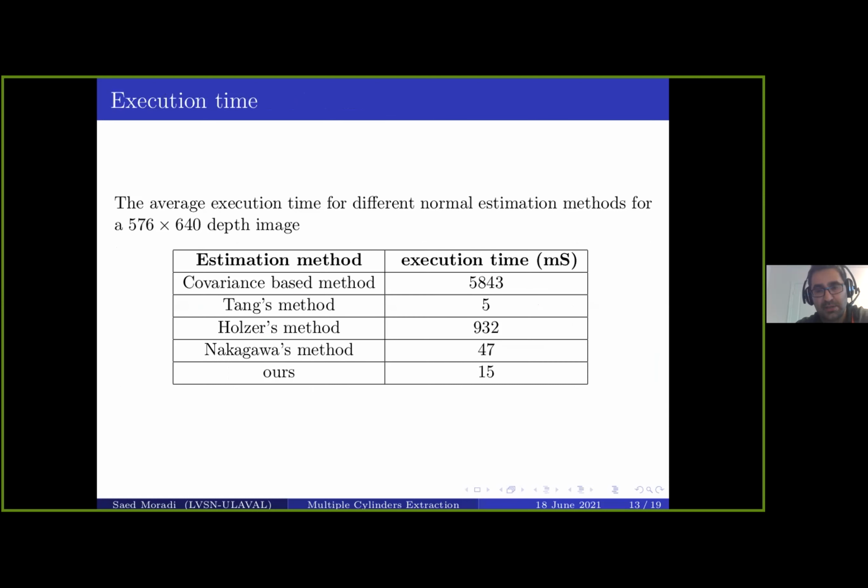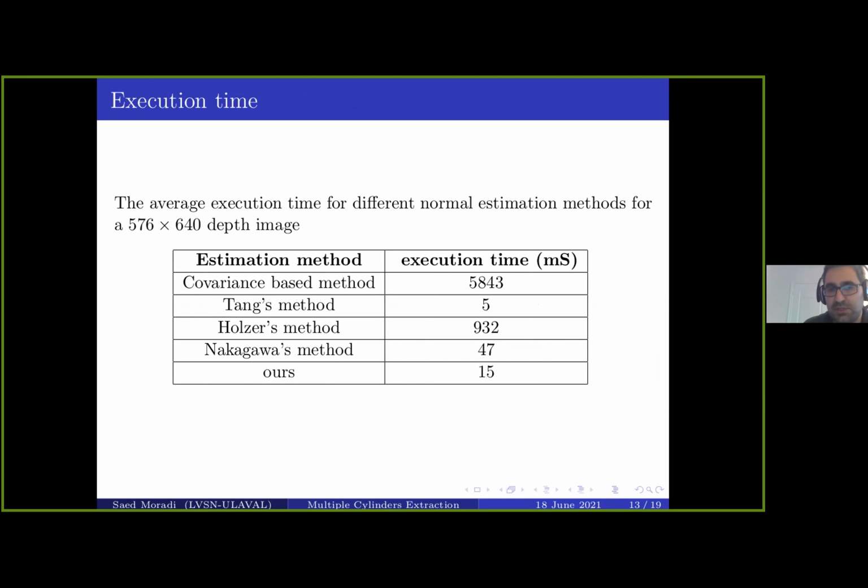Let's also take a look at the execution time of the different algorithms. The first row is a scattering matrix-based method, which applies to unorganized point clouds. It took almost 6 seconds to finish the normal estimation procedure.